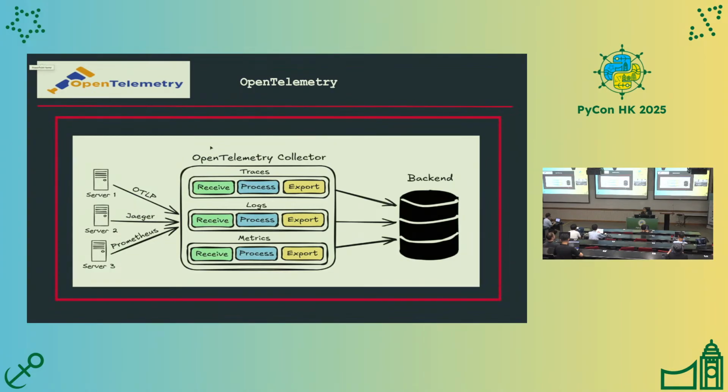You are trying to observe the system. There is a Python function you have written and you want to observe what is happening in it. So firstly you will receive that event, then that event is processed and exported to a backend. So why is exporting important? That backend could be your system terminal, a console output, a UI or a dashboard, anything. OpenTelemetry is backend agnostic. It has integrations with different backends wherein you can go and integrate your backends and visualize the output.